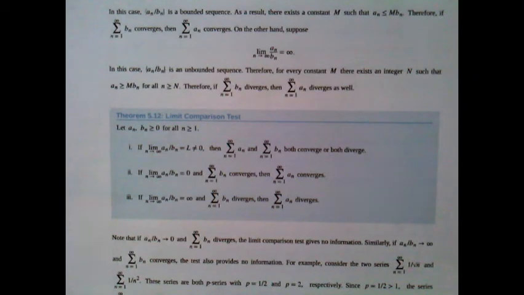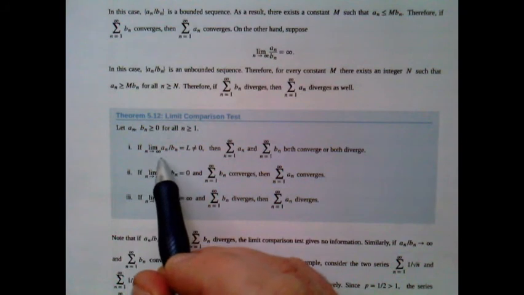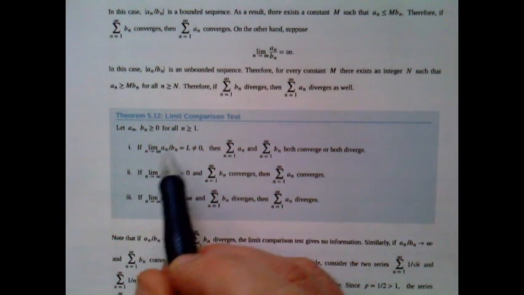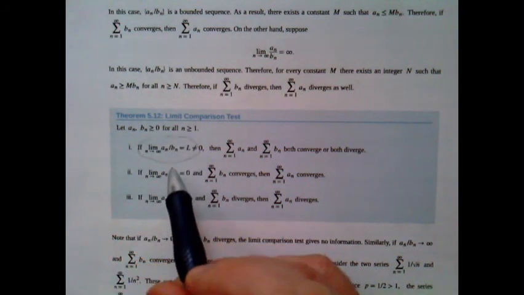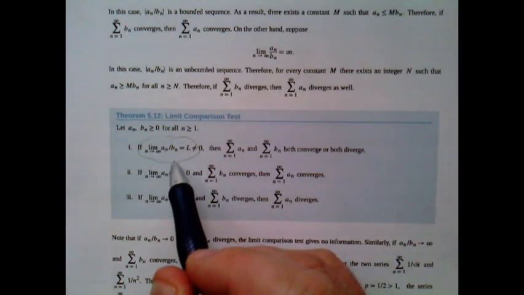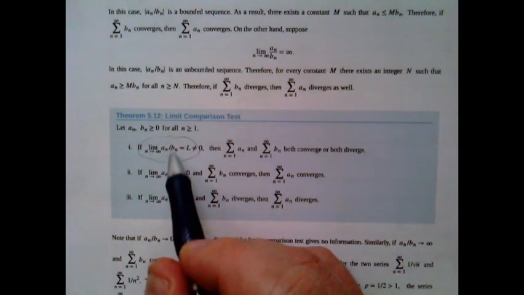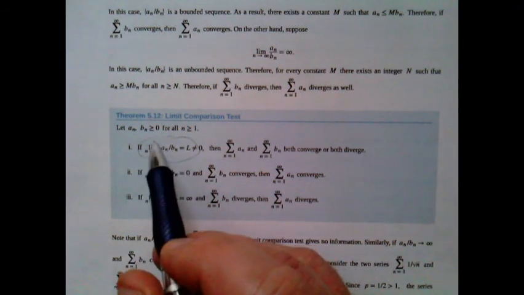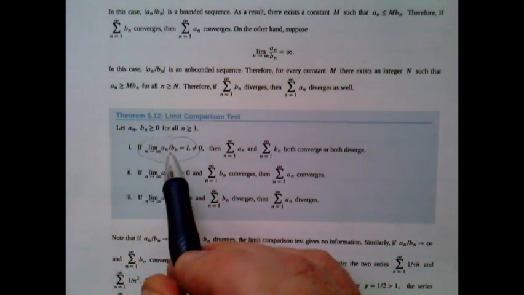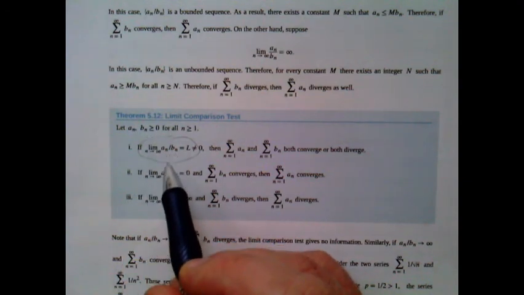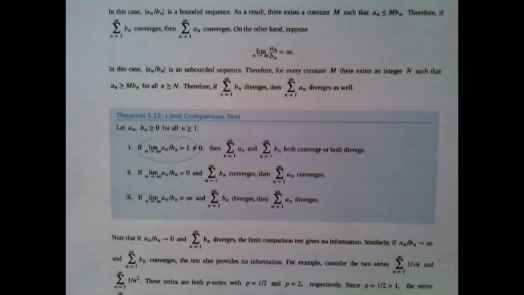This one is actually kind of an easy to apply test. Now there are 3 different scenarios. I'm going to focus for the moment on just this first one. What we do is we take a sequence limit of a ratio, and what's in that ratio? The nth term of the series that we're testing, and the nth term of a series whose convergence or divergence is already known.